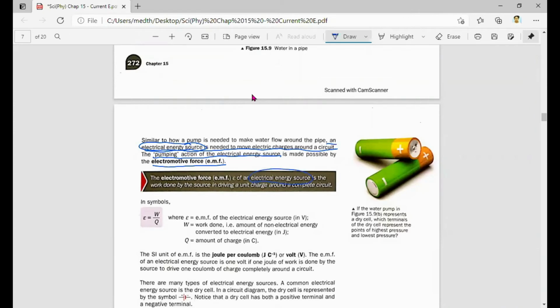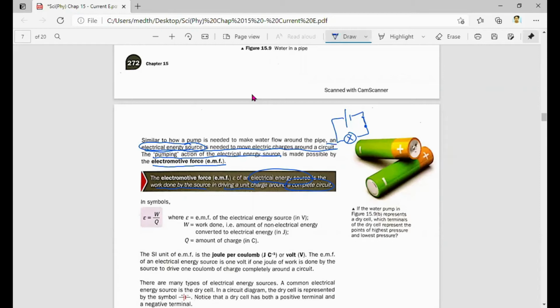So the EMF of an electrical source is the work done by the source in driving a charge around a complete circuit. Because EMF is for the source. If I were to draw a battery like this, with a light bulb and a switch, let's close the switch.